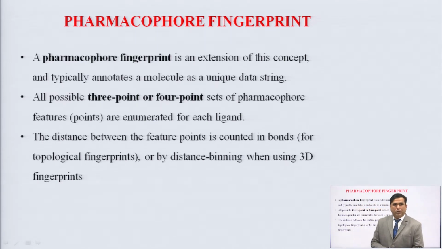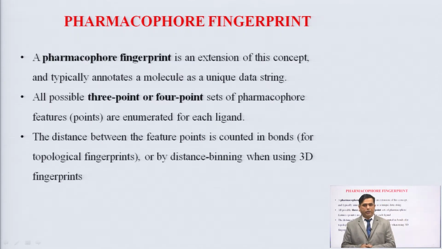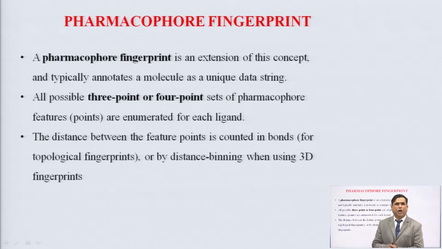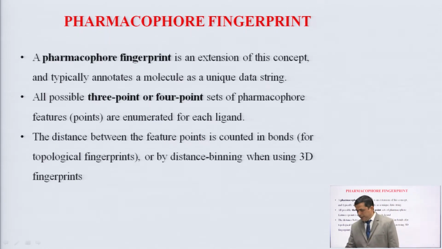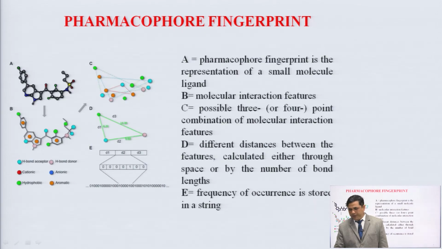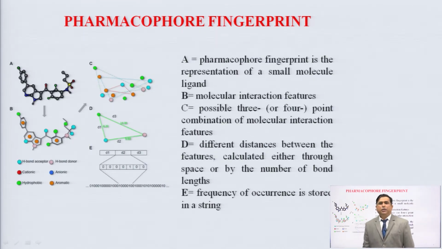Then we calculate the distance between the feature points. A feature point is a characteristic point present in the molecule, in the atom, or in the group. The distance between the feature points is counted in bonds for a topological fingerprint, or as distance binning when using a 3D fingerprint.